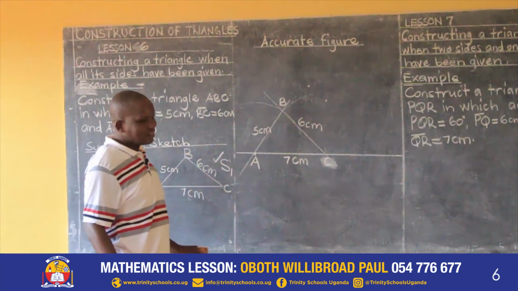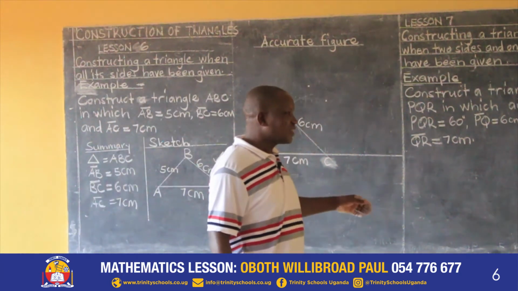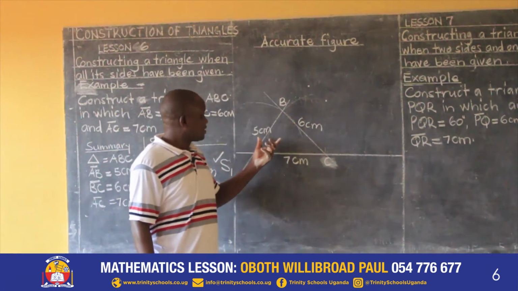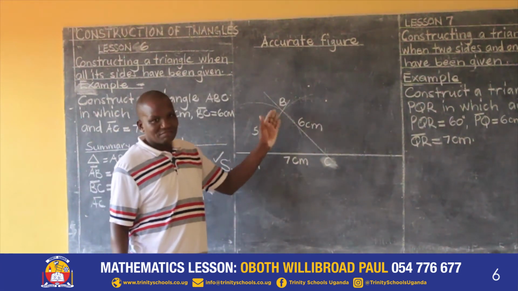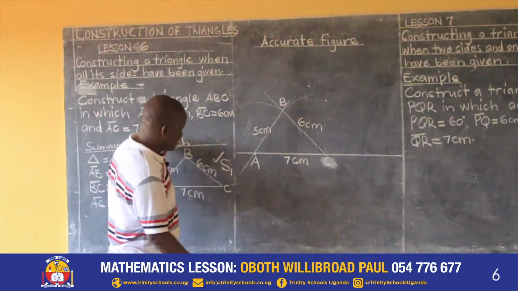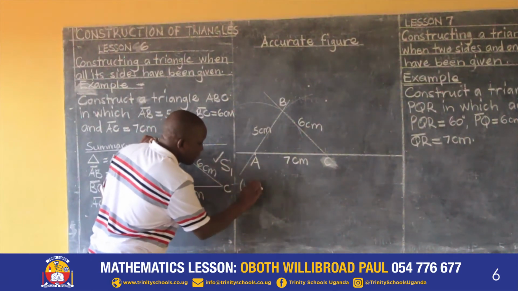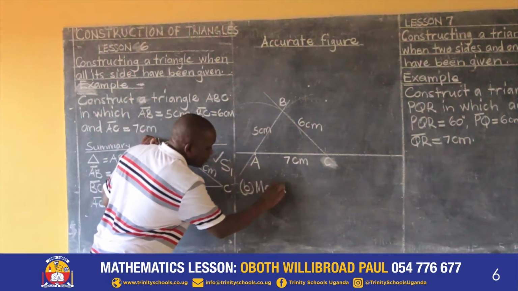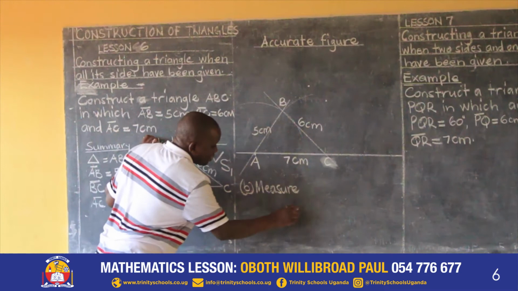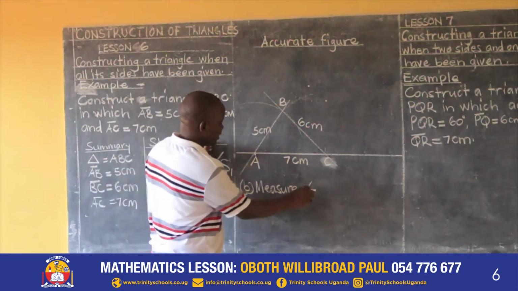Now, the other question that the examiner may ask after that is measure. For example, they may ask us in question B, from your diagram here, measure. They like very much to ask measure angle. That is the symbol for angle.